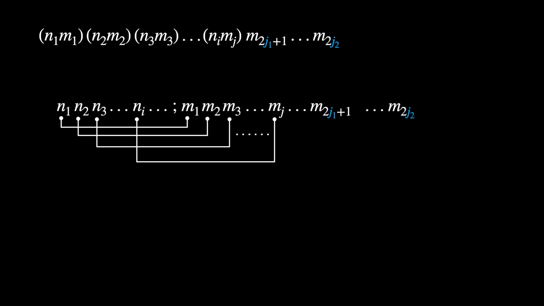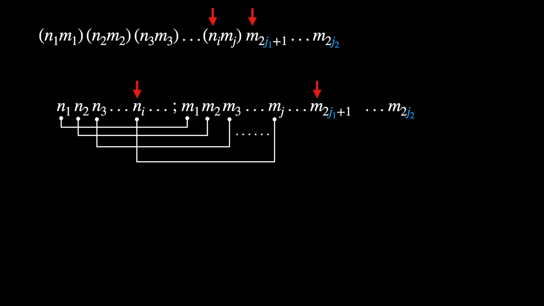The second non-trivial case also involves switching indices on different sides, but this time, one of them is one of the leftover indices that are not paired up. Let's exchange ni and m2j1 plus 1.